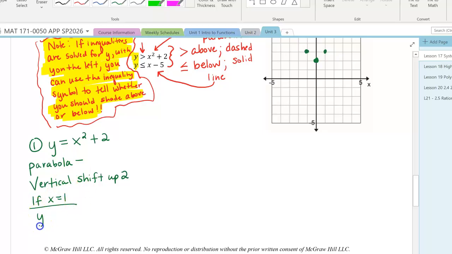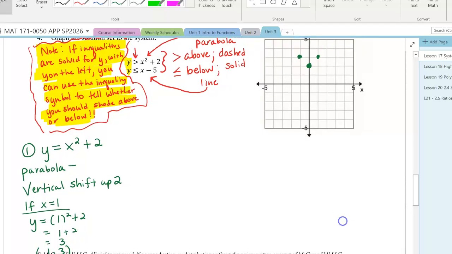If x equals 1, that's going to give me y equals 1 squared plus 2, or 1 plus 2, or 3. So we know the point 1, 3 is on the parabola as well. When you're graphing a parabola, you need to know the vertex and at least one other point so you know how wide to make that parabola.